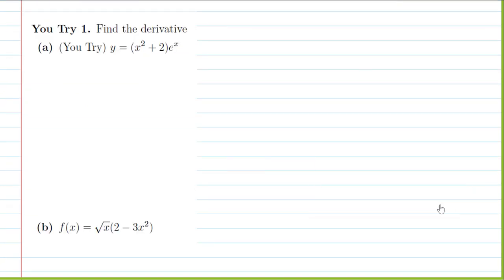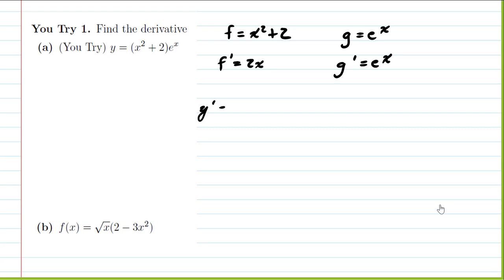All right. So the first thing we identify is f is x squared plus 2, and our g is e to the x. So f prime is going to be 2x, and g prime is going to be e to the x. So then y prime is f times g prime.